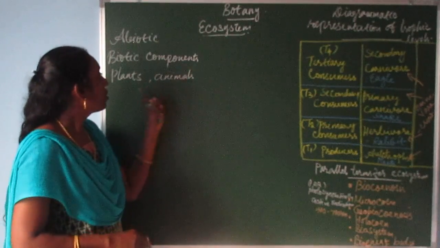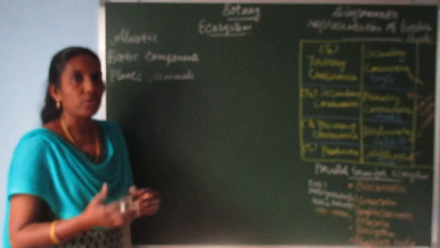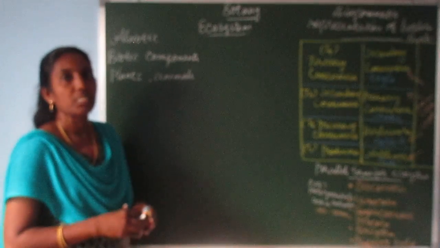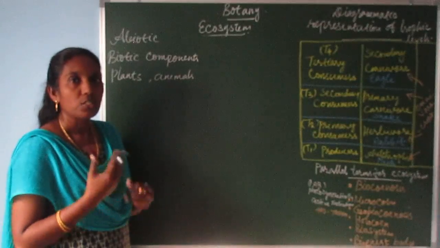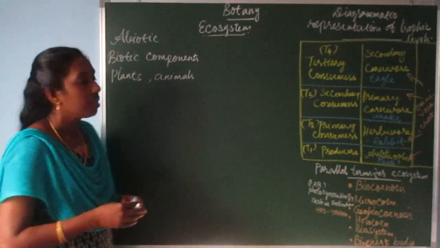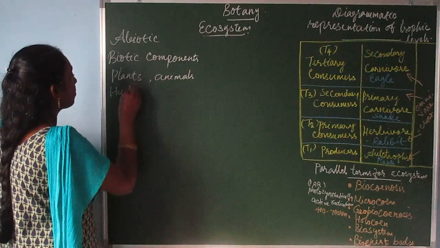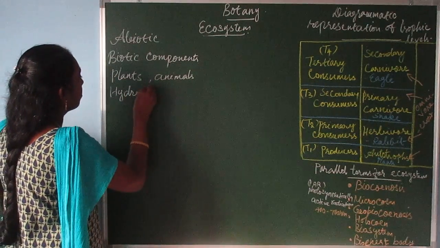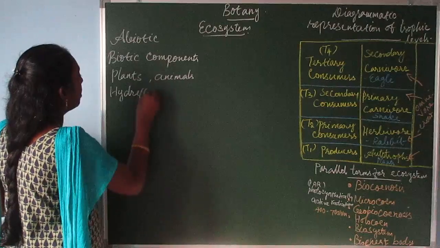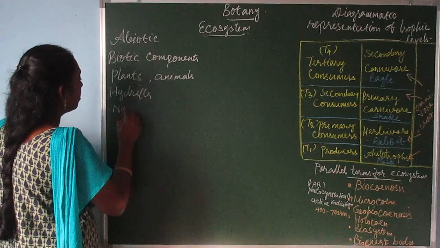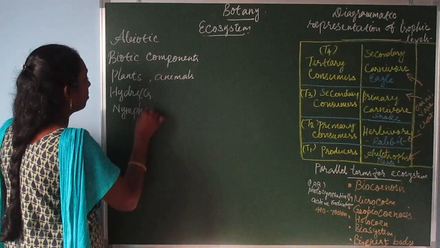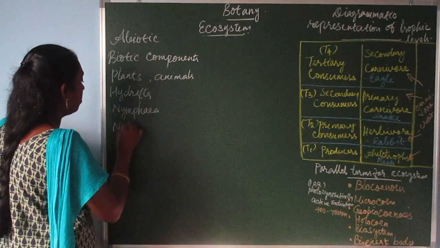But biotic components include plants, micro as well as macro organisms, the phytoplankton, zooplankton, algae. Some examples of algae: hydrilla, nymphaea, nelumbo.